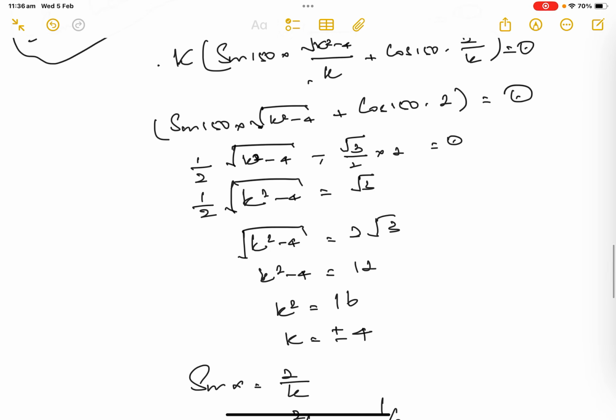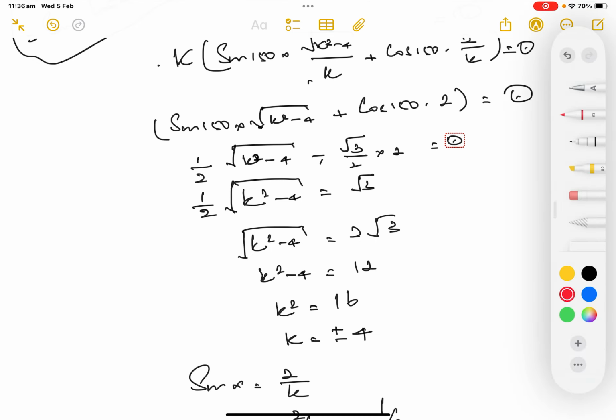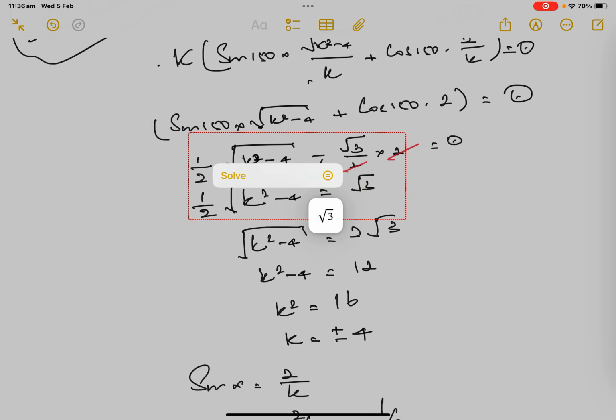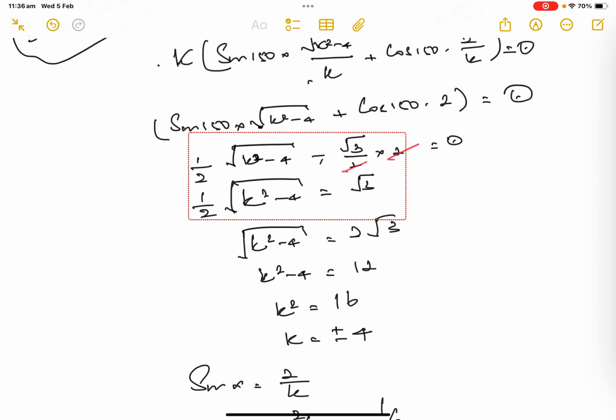Then half of the square root of k squared minus 4 equals, the 2s cancelled out, only root 3.